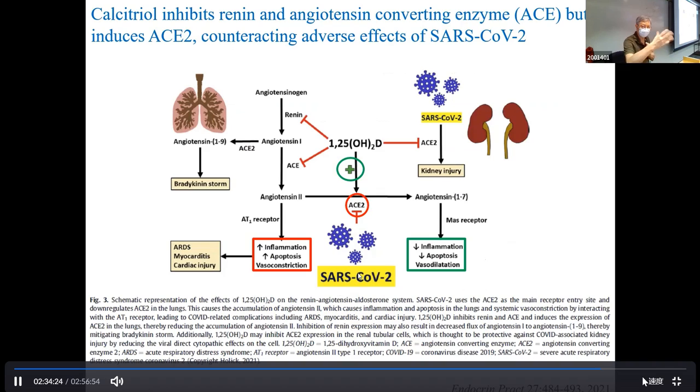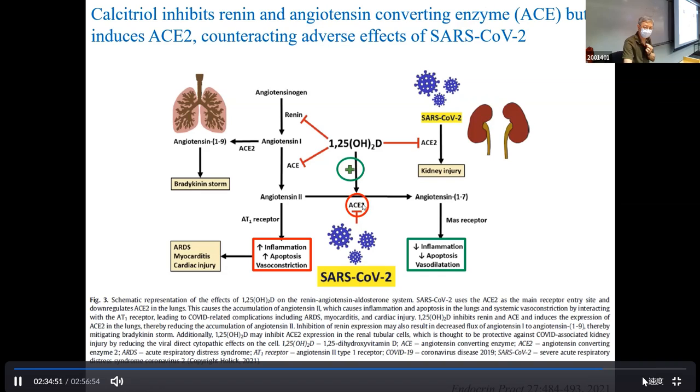Now, just for your information, one of the impacts of the SARS virus is that it will inhibit an enzyme called ACE2, angiotensin converting enzyme 2.